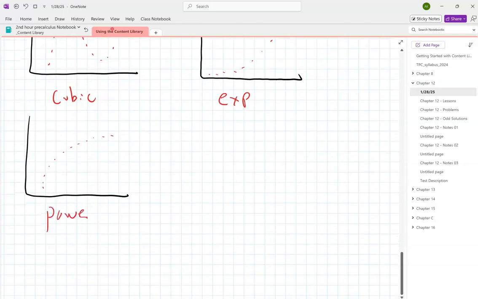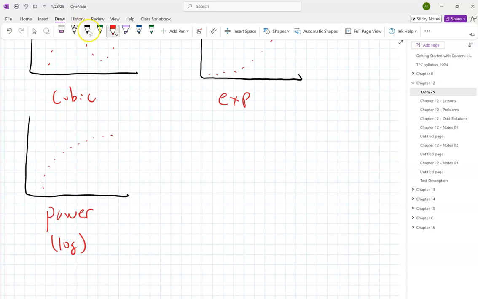It's like a power or maybe a log. If I tried to calculate an R value for any of these, they're going to be garbage, other than the linear one, because these things don't look much like lines. But maybe one of these other models would be a really good fit.